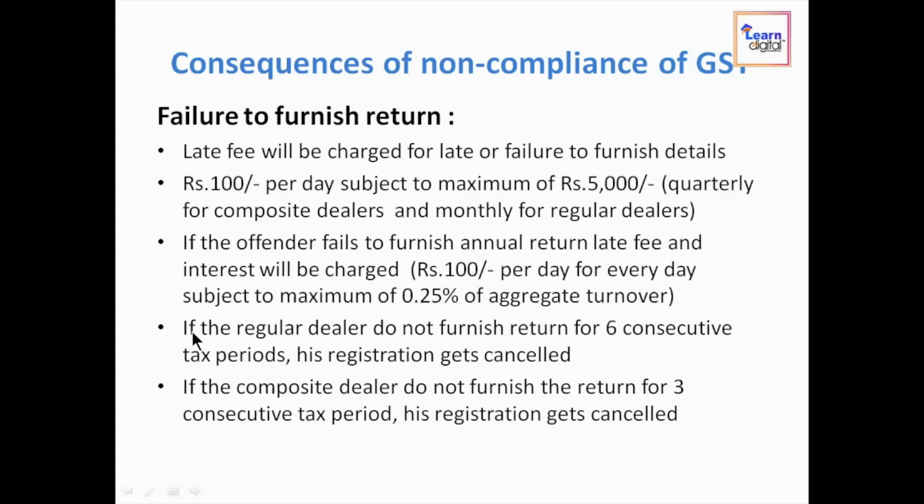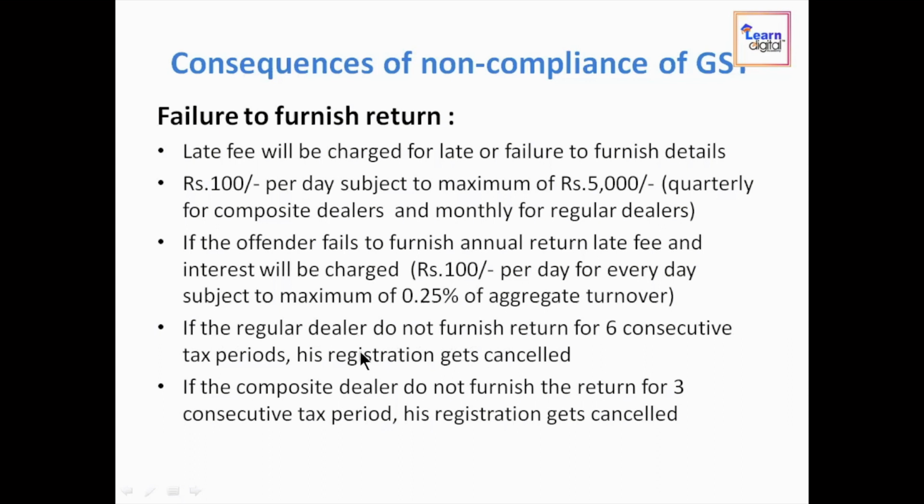turnover. If the regular dealer does not furnish returns for 6 consecutive tax periods, in that case his registration gets cancelled. GST registration also gets cancelled if 6 consecutive tax period returns are not filed.